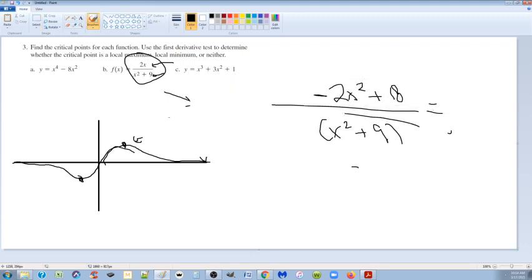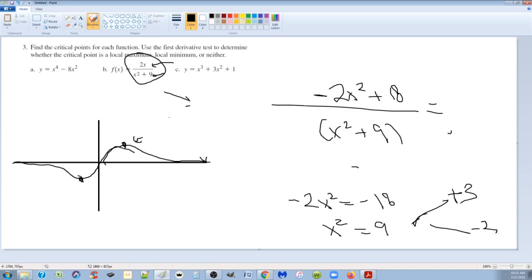And of course, the denominator disappears when it goes up there. So I'm really trying to find when is negative 2x squared equal to negative 18, which means when x squared is equal to 9, which means x at positive 3 and negative 3 are when these points occur.